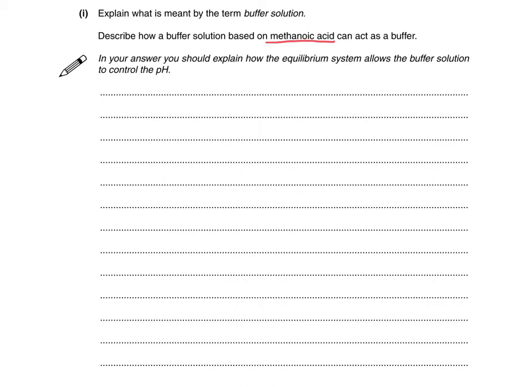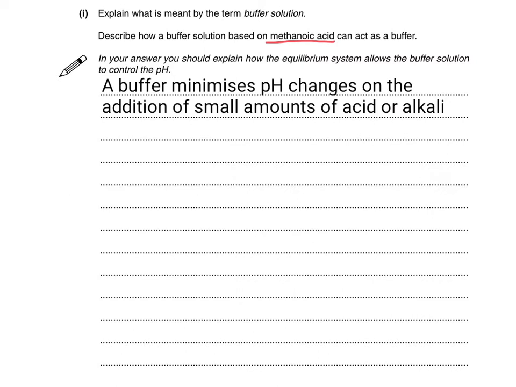So, first mark for these types of questions is basically a definition of a buffer. So a buffer minimises pH changes on the addition of small amounts of acid or alkali. In the mark scheme, small is in bold, so that means you do need to include it. It's important that it's clear it's only small amounts of acid or base.